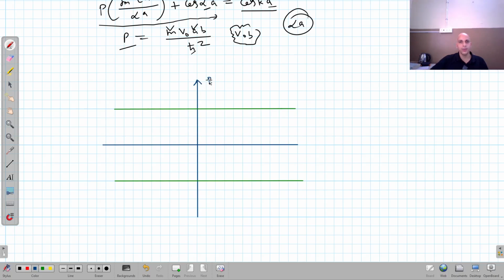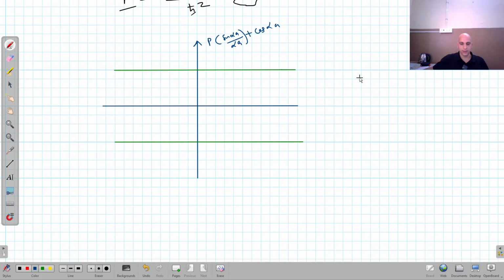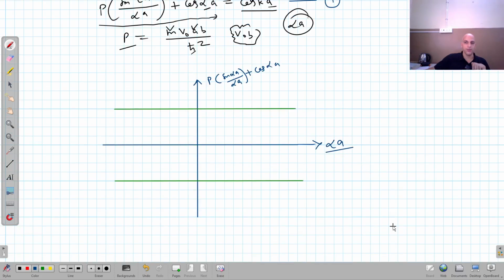This side is P sine of alpha a upon alpha a plus cos of alpha a. This is the left hand side of equation number 1 for the Kronig-Penney model, and we are plotting this side with alpha a. So now let's find what we have found after plotting this function as a function of alpha a.